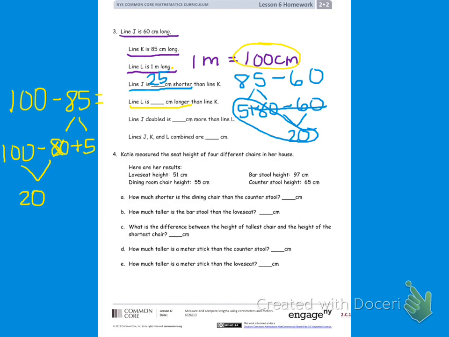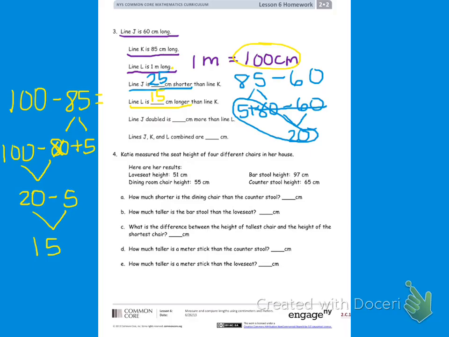I'm also subtracting the extra 5, so we have to take that 5 away from 20, and I know that's a difference of 15. 100 minus 85 is 15. Line L is 15 centimeters longer than line K.